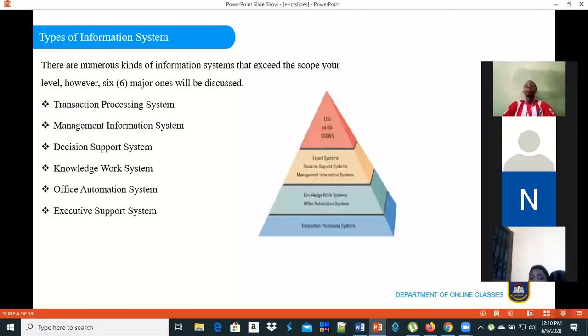Okay, all right, so we now know what information system is. But that is not enough. You are elective ICT students, so think of information systems as actual systems, as in software, applications, apps that are working on computers.